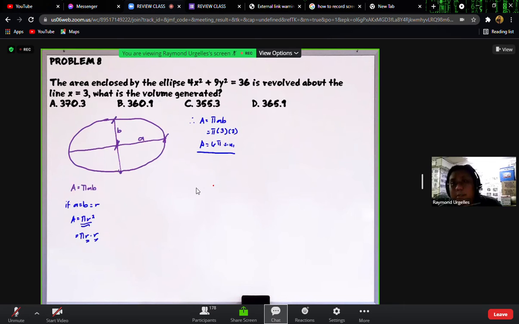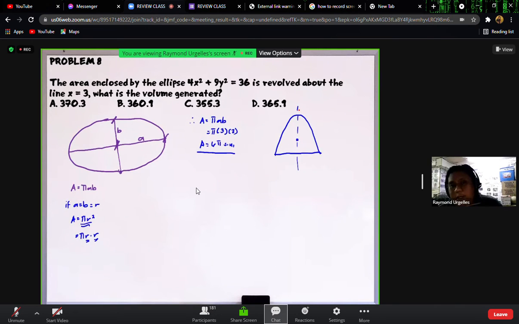Now, okay na sa atin yung area. Next is the centroid. Ang tatandaan natin sa centroid is one property of a centroid is always located at the axis of symmetry of a given figure. For example, yung sa parabolic segment natin last time, nasa axis of symmetry ng parabola, somewhere dito yung centroid niya.